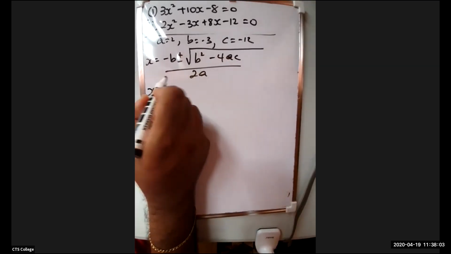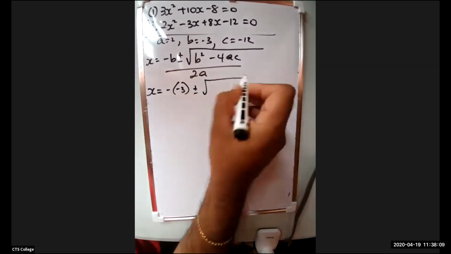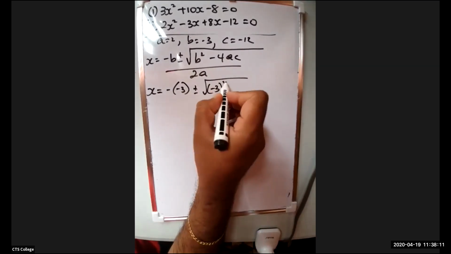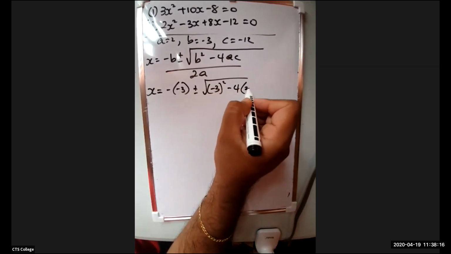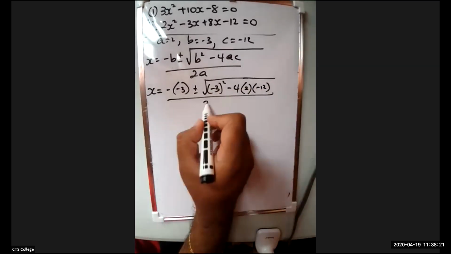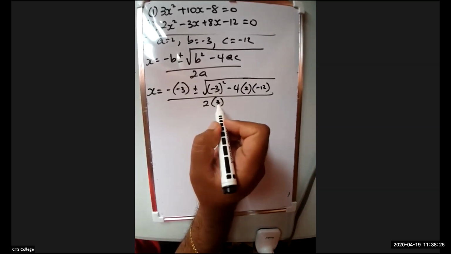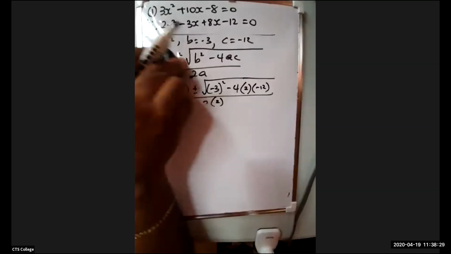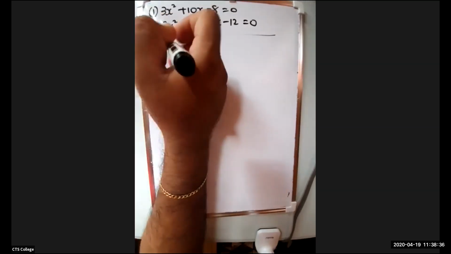So x is equal to minus -3 plus or minus the square root of -3 squared minus 4, and A is 2 and C is -12, all over 2 times A. No, you get -3. Sorry, my bad. Of course, I was just checking to make sure you're all paying attention, right? But it has two sets of values for B.